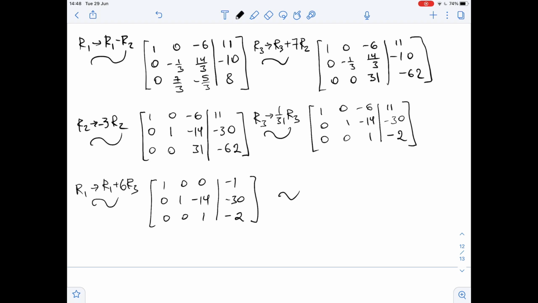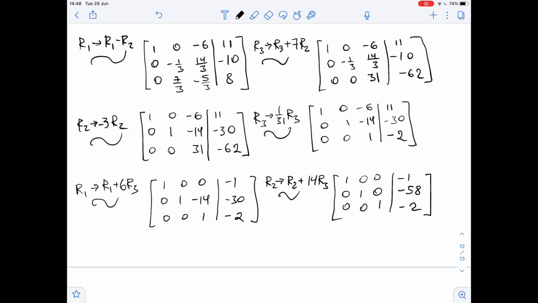And the last step is to add row 3 multiplied by 14 to the second row. So row 2 becomes row 2 plus 14 row 3, and our matrix becomes 1, 0, 0, negative 1, 0, 1, 0, here we got negative 58, 0, 0, 1, negative 2.